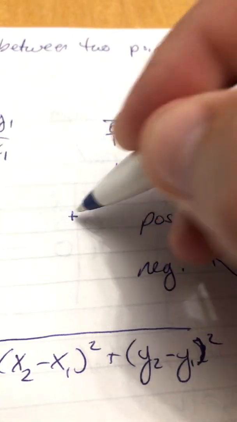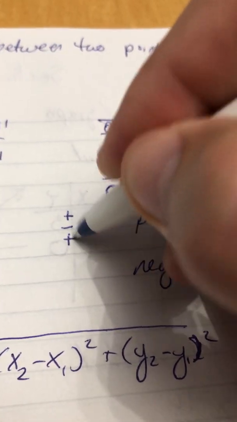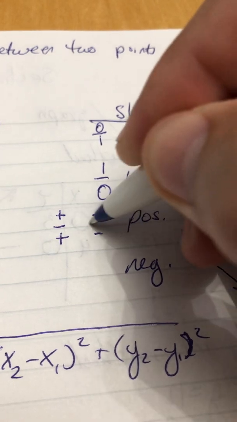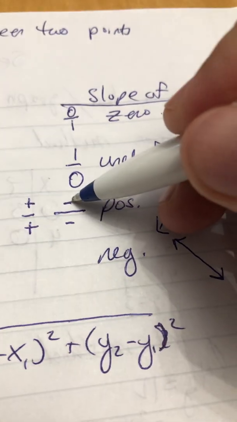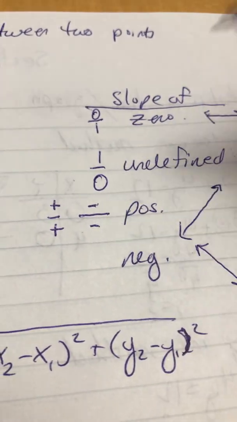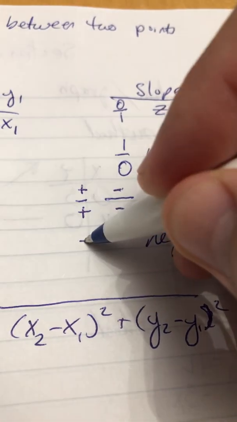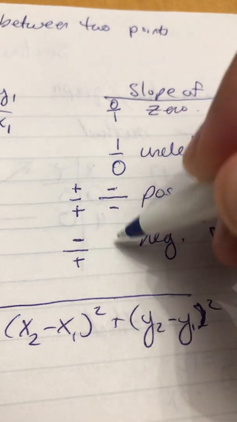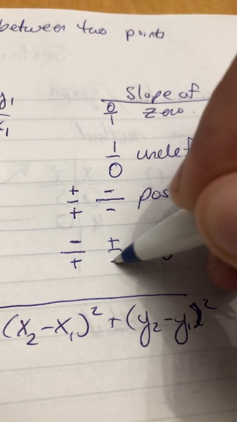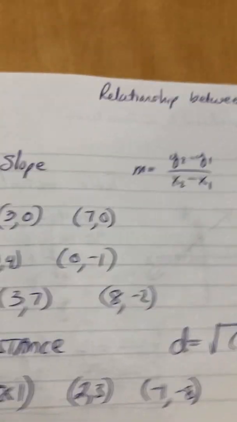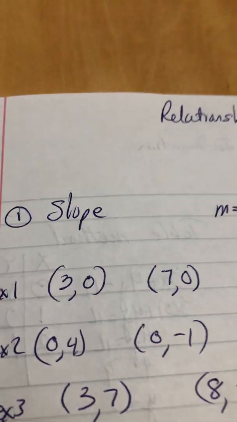Positive could either have a positive over a positive, or a negative over a negative, because a negative divided by a negative is a positive. You'd have a negative relationship, so your fraction would be negative over positive or positive over negative, okay? So over here, I just got a couple of examples.